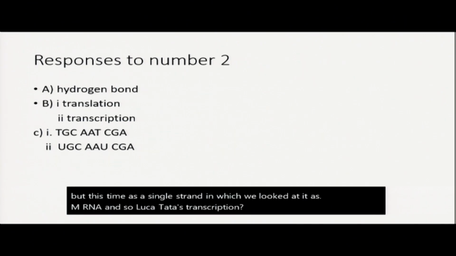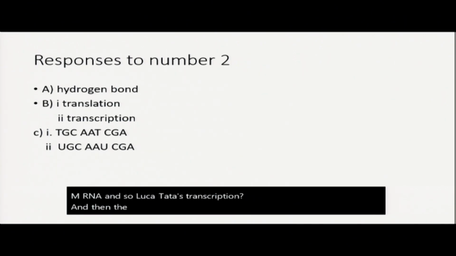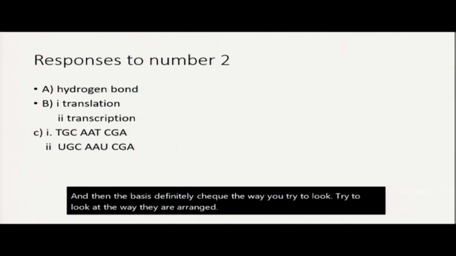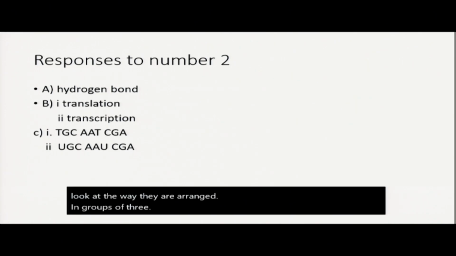And then the bases, definitely. Try to look at the way they are arranged in groups of 3. Codon. In groups of 3 as a codon. Remember that. C-O-D-O-N. Got it.